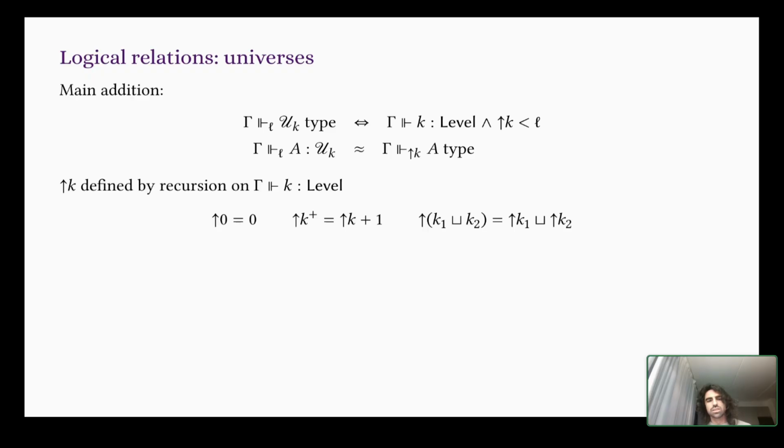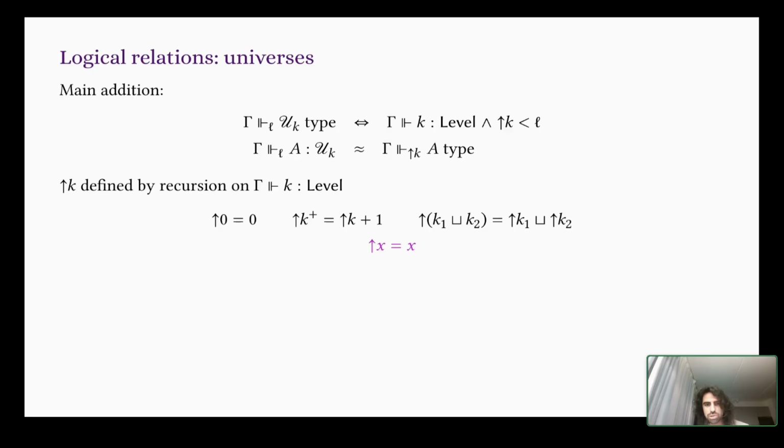The only surprising thing is maybe the way that this function is defined. It's defined by recursion on the weakness of reducibility for the level. The cases for the operations are obvious. We just map them to the corresponding operations on natural numbers.